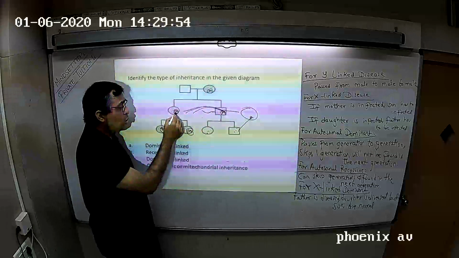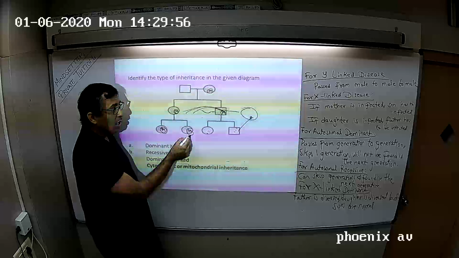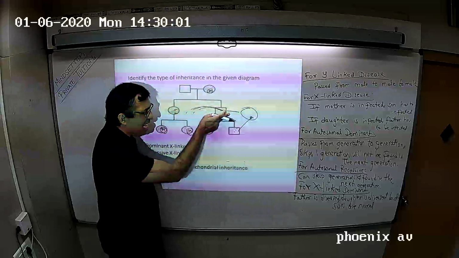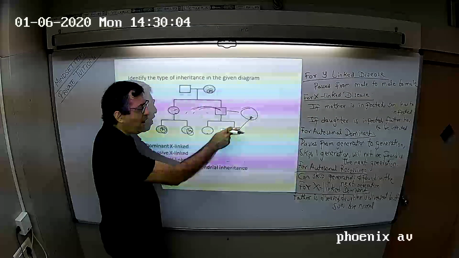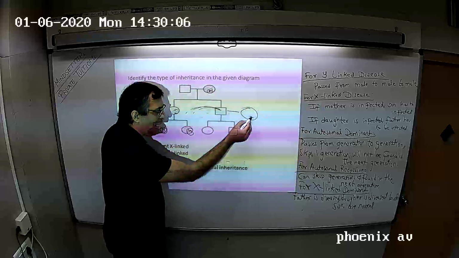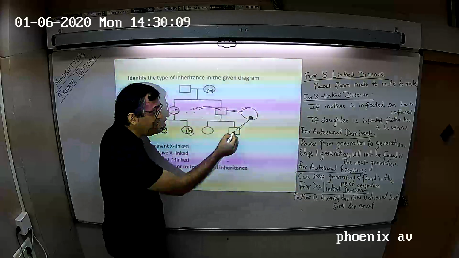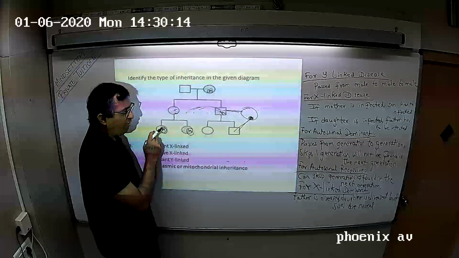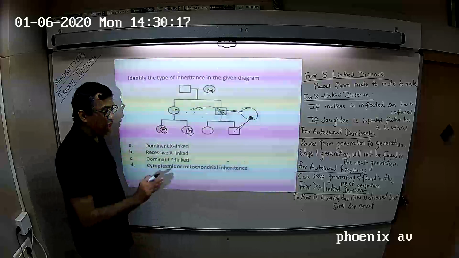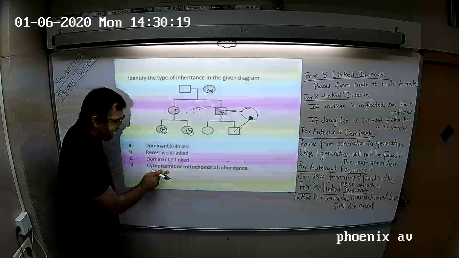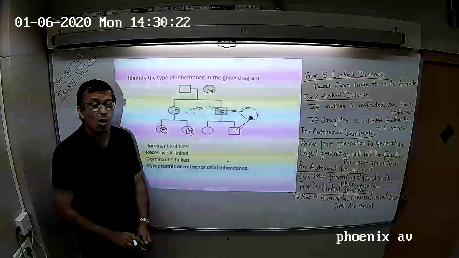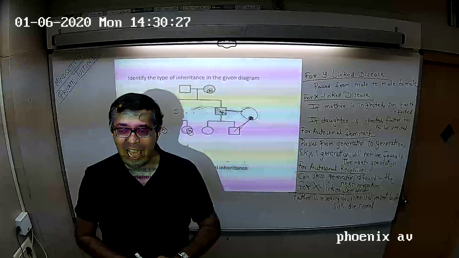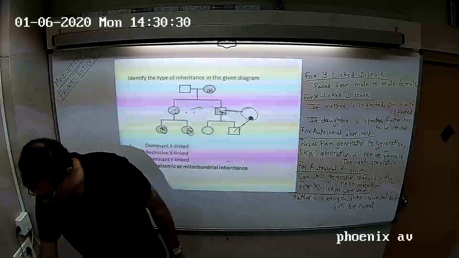From mother to daughter to granddaughter, and from mother to son, but from the son it gets removed and is not found in the next generation, because the mitochondria always come from the female, not from the male. So male mitochondria fall off, and that means it is not found in the next generation. What is this beautiful inheritance called? Cytoplasmic or mitochondrial inheritance. So we have done this.